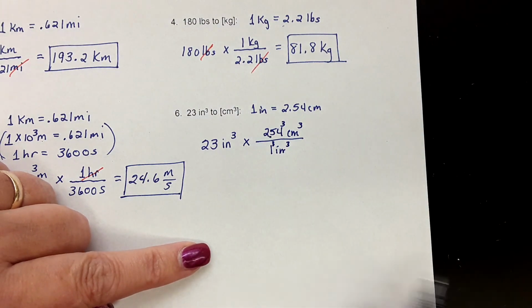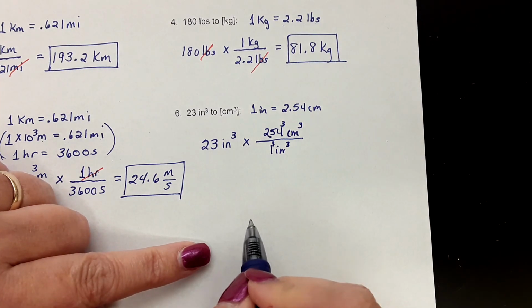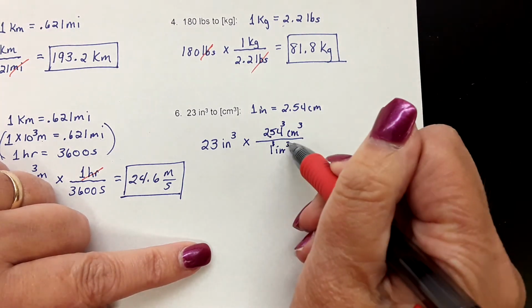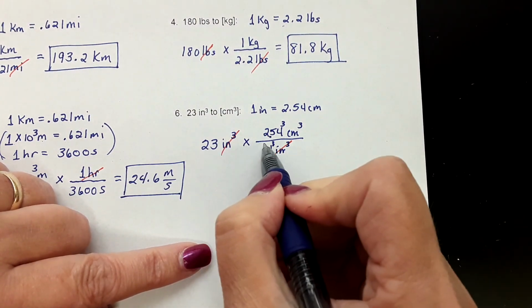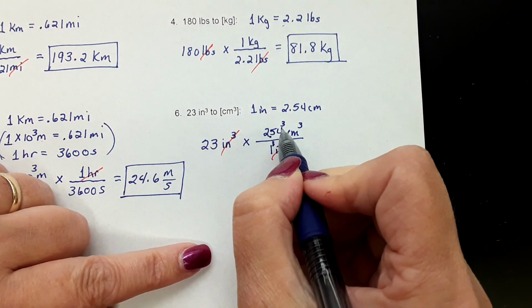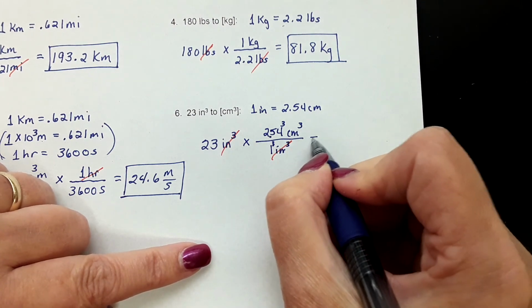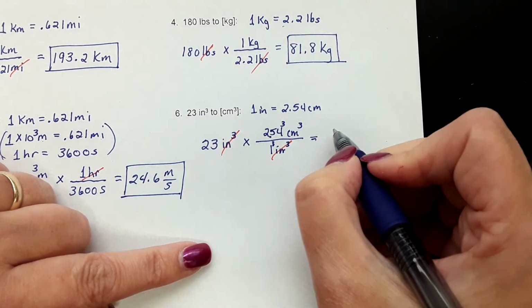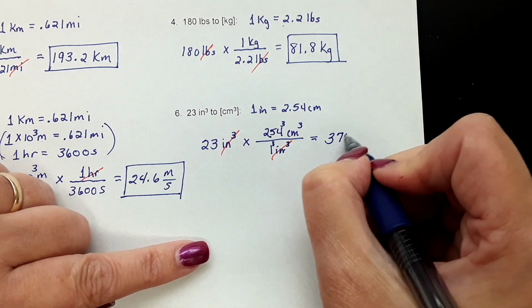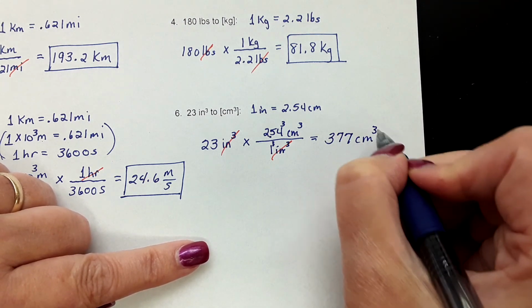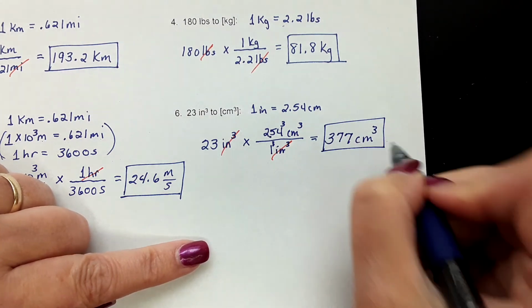All right? 1 cubed is cubed, so you don't really have to worry about that one much. But you are going to have to take 23 and multiply by 2.54 cubed. So you should be able to do that on your calculator. And if you do it correctly, you should get 377 centimeters cubed, a measure of volume.